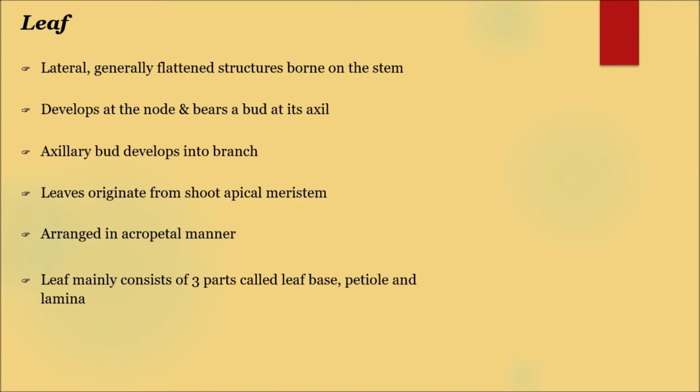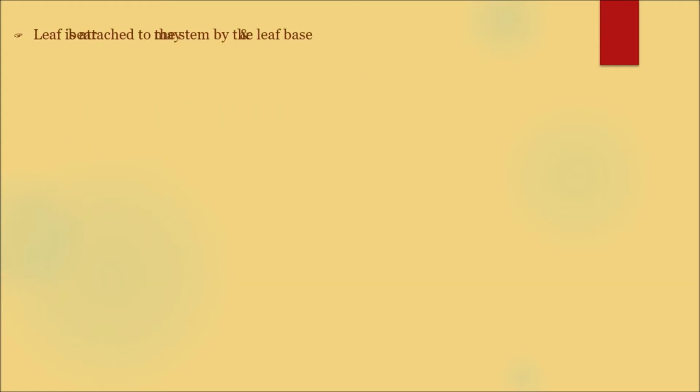So that is about the introduction for leaf, and I hope these points are good enough to understand in brief about leaf. So what is a leaf base? Leaf is attached to the stem by the leaf base and may bear two lateral small leaf-like structures called stipules.